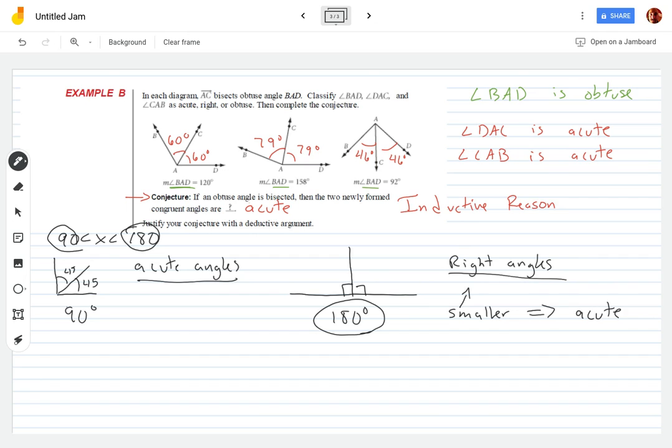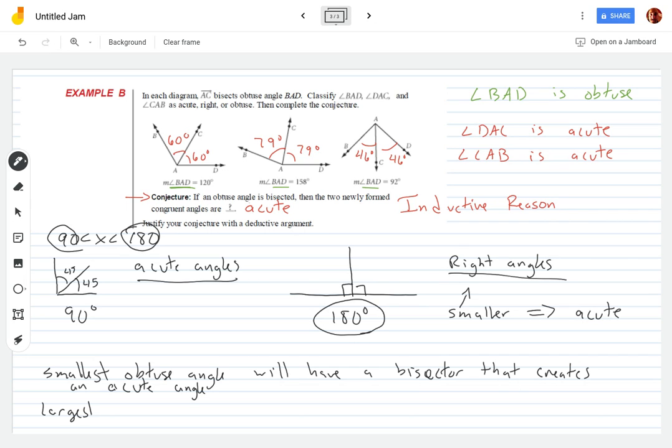So we'd say the smallest obtuse angle will have a bisector that creates an acute angle, and the largest obtuse angle will have a bisector that creates an acute angle.